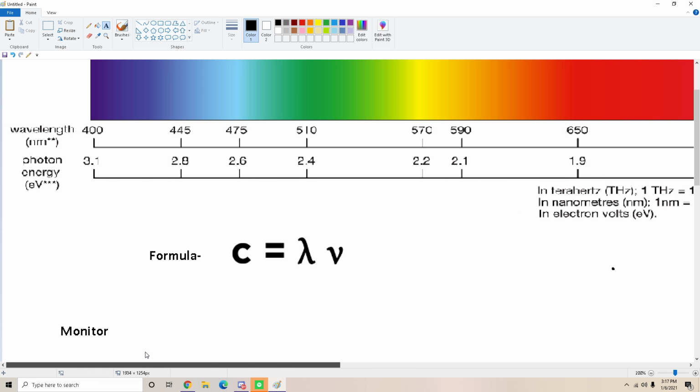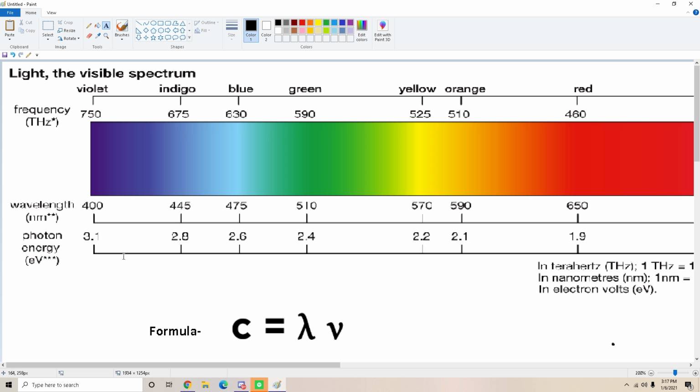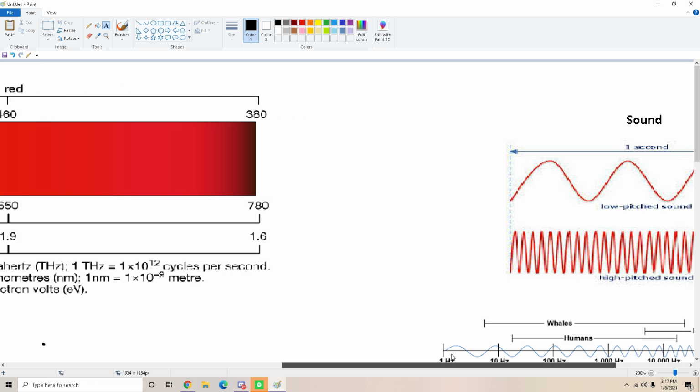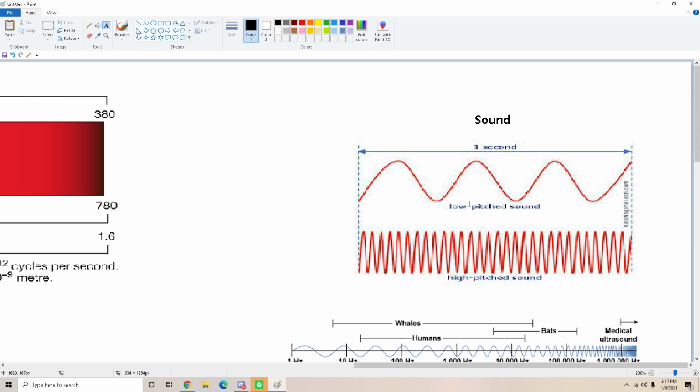Now we're going to get more in depth into hertz, frequency. So for sound, this is low pitch sound and this is high pitch sound. High pitch sound is kind of like a toddler's voice, and once you get older, you get a deep voice. That's called a low pitch sound.